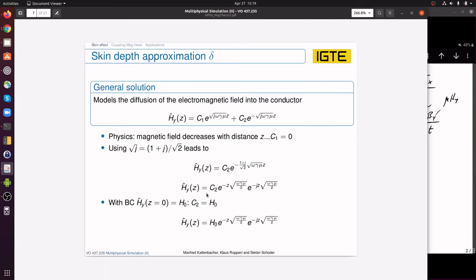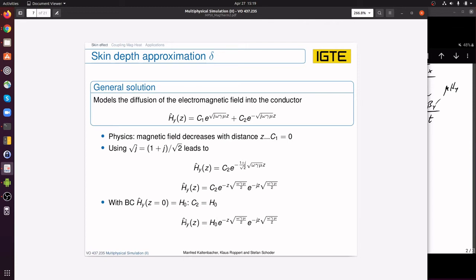So we can identify the constant C2 with H0, because if we set z to 0, both exponentials are 1, and C2 can simply be evaluated as H0. So we insert this constant into our general solution, and this is it basically.